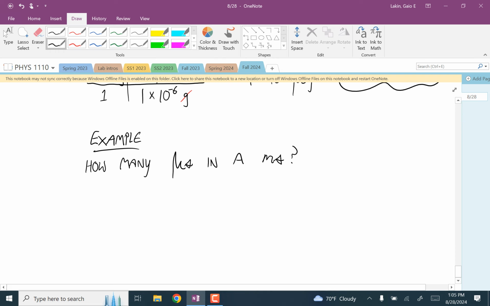Okay, so what we're going to do to convert, we're starting with milliseconds, and we want to convert to microseconds. Another way to say this is convert 1 millisecond to microseconds.